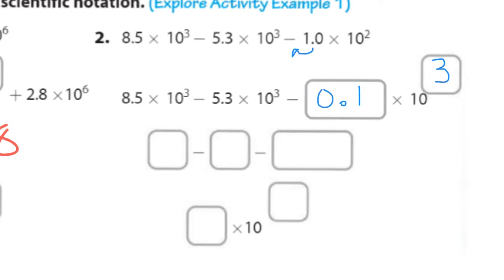Okay, so take 8 and 5 tenths, subtract off 5 and 3 tenths, and then subtract off 1/10. And you can use your handy dandy calculator if you want. That would be 3 and 1/10, and the power is 3. Remember, we changed that to a power of 3.